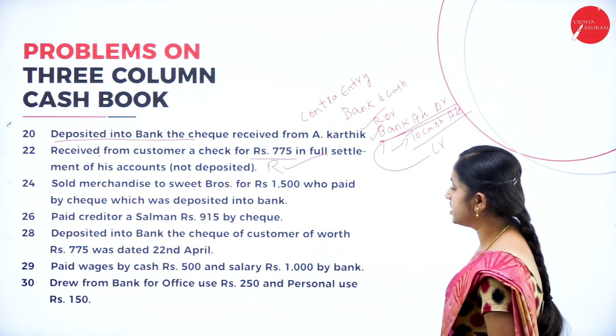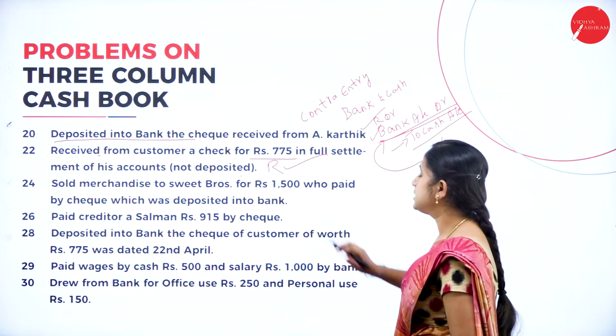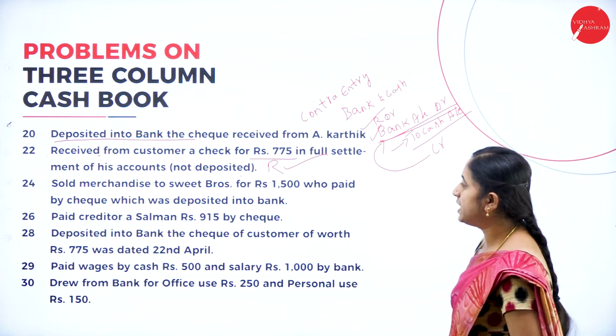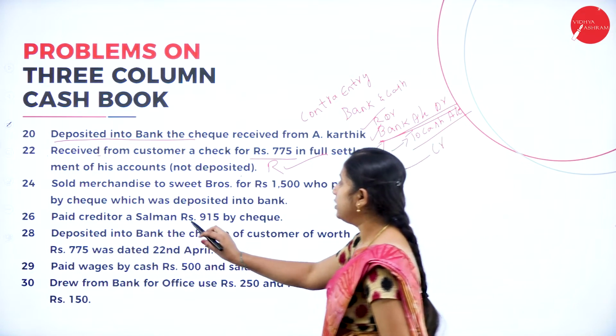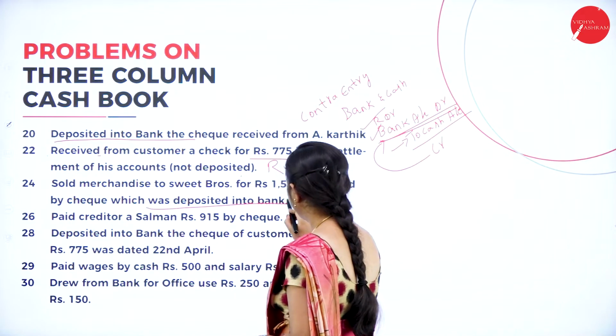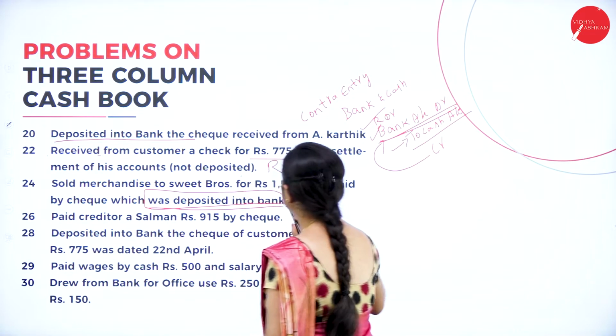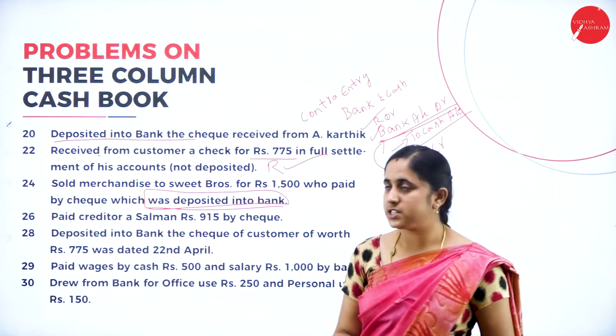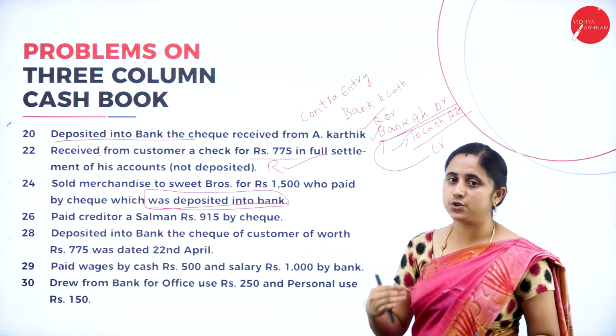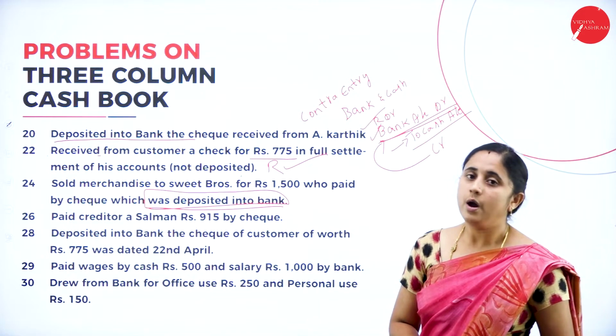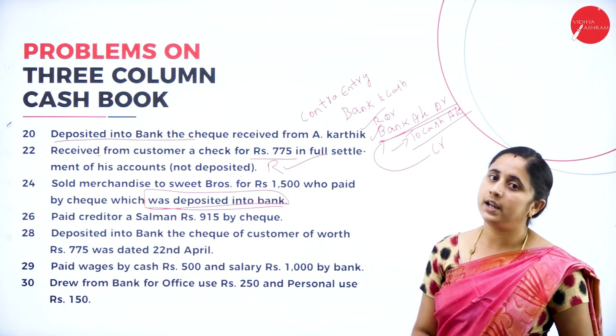Next, sold merchandise to Sweet Brothers for rupees 1500 who paid by check which was deposited into bank. That means sold merchandise to Sweet Brothers, and soon after the transaction, you are going to deposit the check into bank. So here the bank amount will increase.